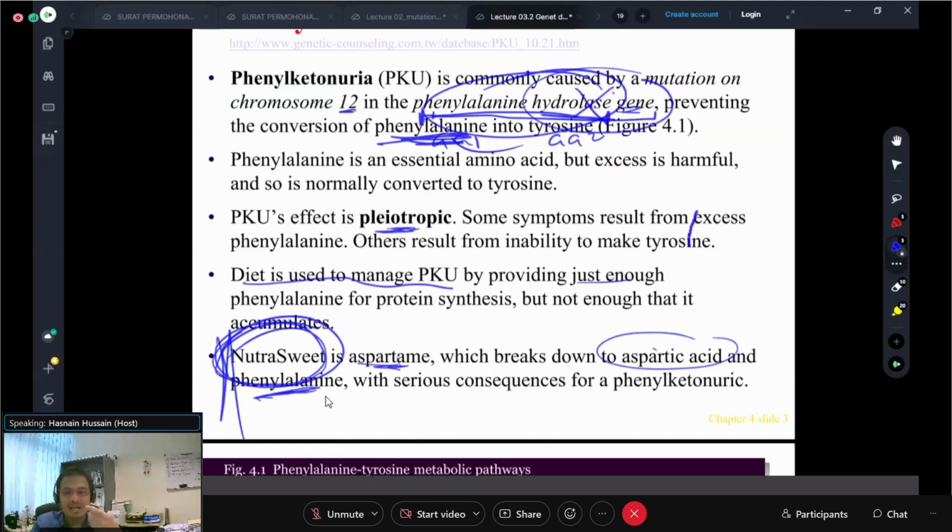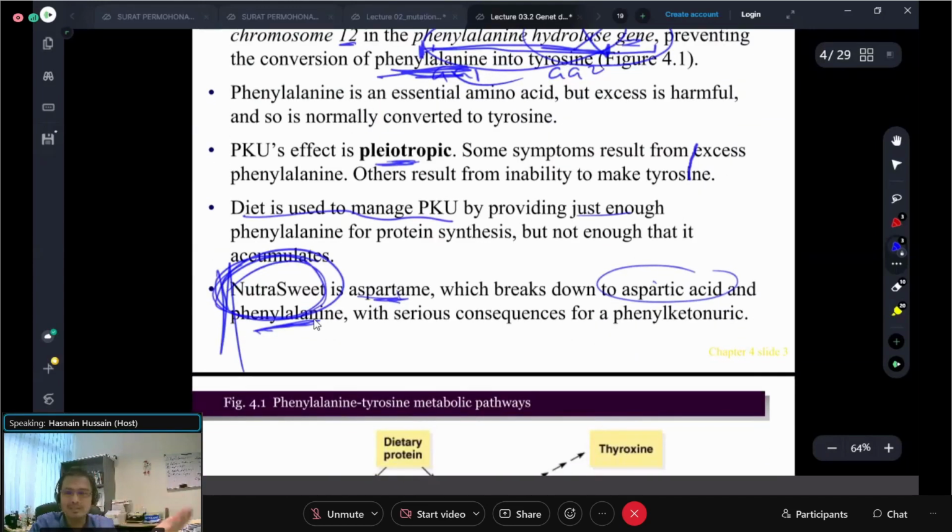It will say that this is not suitable for phenylketonuric. So now you know, because of the inability to convert this into tyrosine when you eat this. Okay, but for normal people, we can take this because it will be converted normally into tyrosine by our cells.